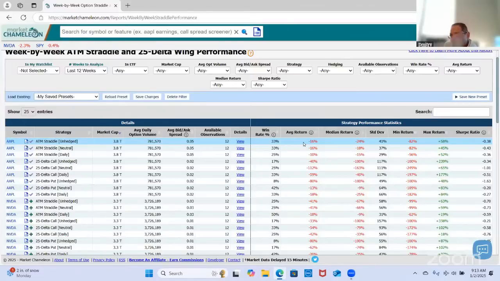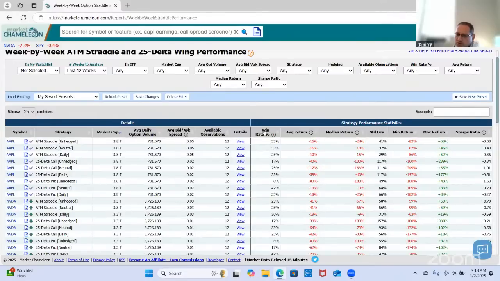So the starting point, the straddle cost you $10. If at the end of the week it was worth $5, well, that's a 50% loss. If it's worth 10.01, well, it went up a penny, but that would be a win because it would be worth more at the end than it was at the beginning. So that would be what we put in this column.